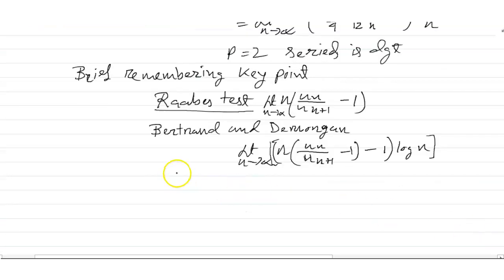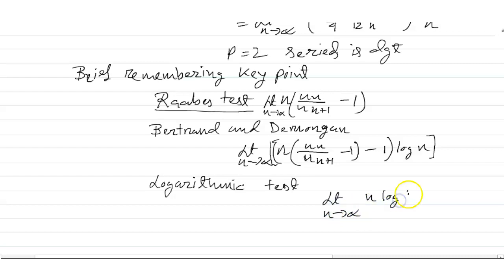Simple. Next is the logarithmic test, which is very simple: limit n tends to infinity of n into log of un divided by un plus 1.